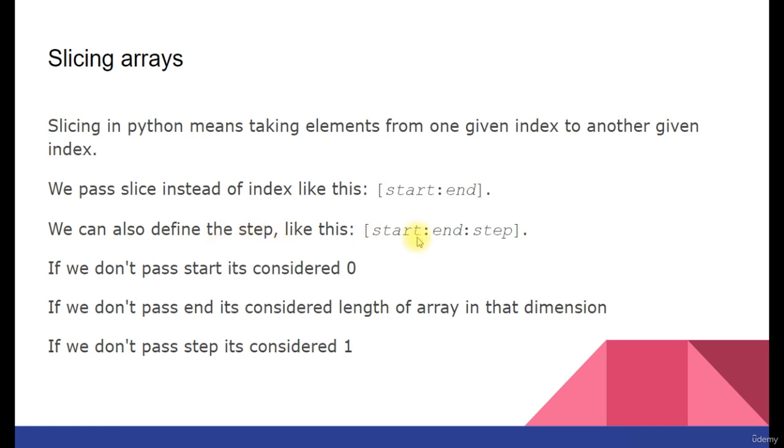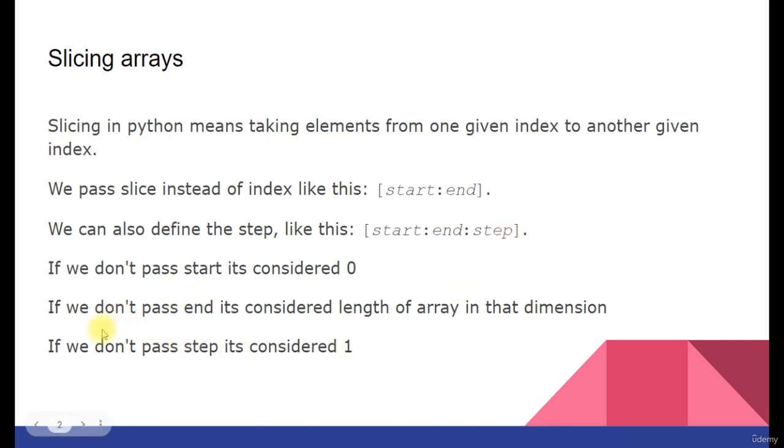We can also define the step like this. So here we were just providing the start and end position, but we can also give the step. If you don't give the step, it is automatically considered as 1, but if you provide the step, then it will skip the number of elements that you mention in the step.